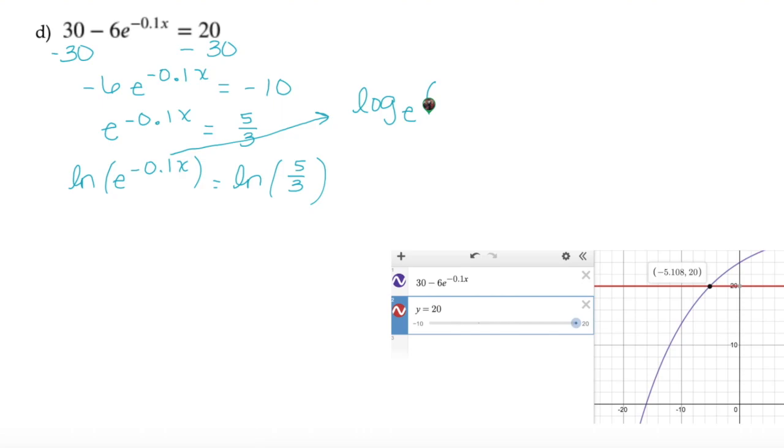And when I have log base e of e to the power of negative 0.1x, these parts undo each other. So then all that we're left with on the left-hand side is negative 0.1x is equal to the natural log of 5/3. I know that negative 0.1x is the same thing as negative 1/10 x.